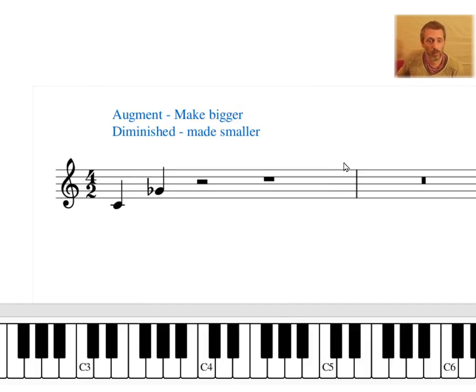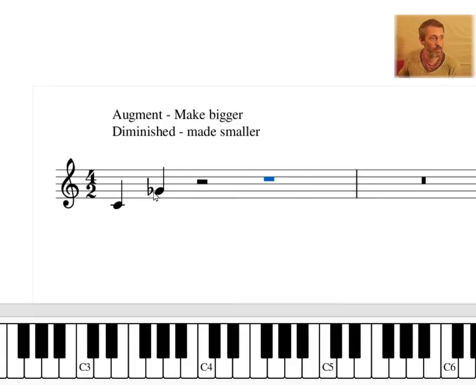So, for example, if you start having weirdly spelt things, instead of going from C to A flat, which is C, D, E, F, G, A, a sixth, and because it's the A flat, it's a minor sixth. If that's respelt as a G sharp, again, that is going to be a fifth that's been made bigger.